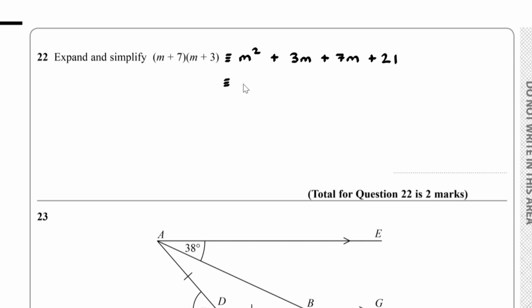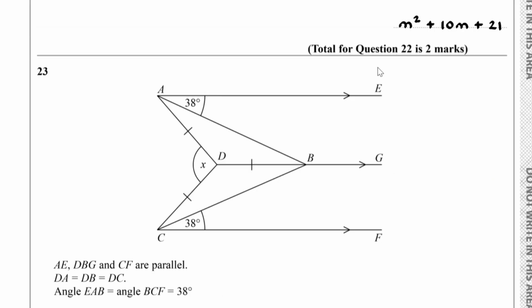If we now collect like terms, we would have m squared plus 10m plus 21. So we have m squared plus 10m plus 21.